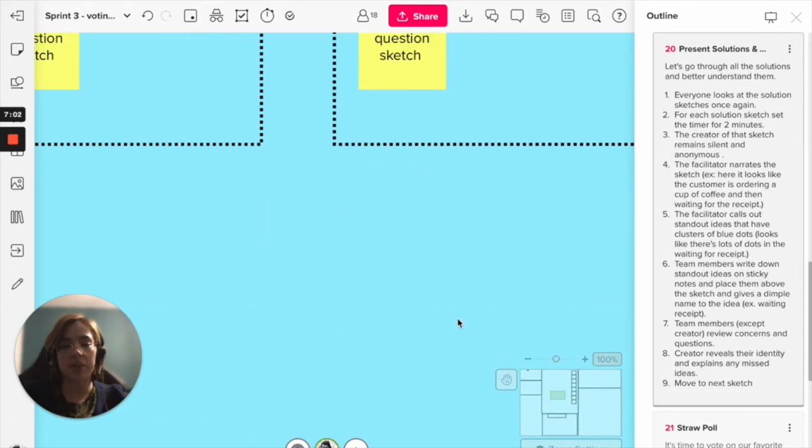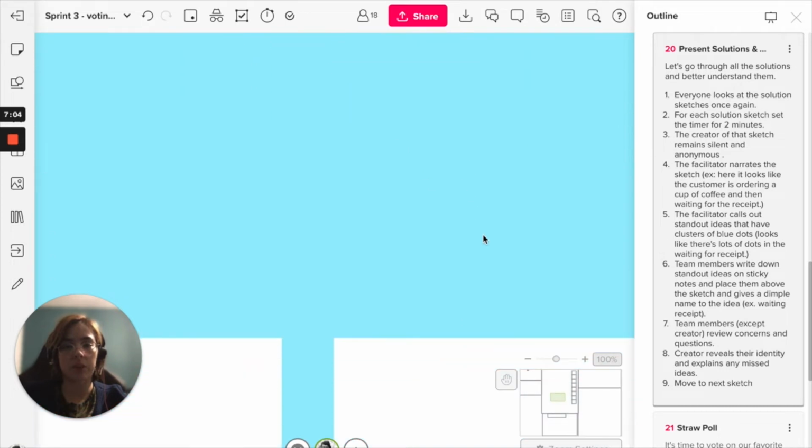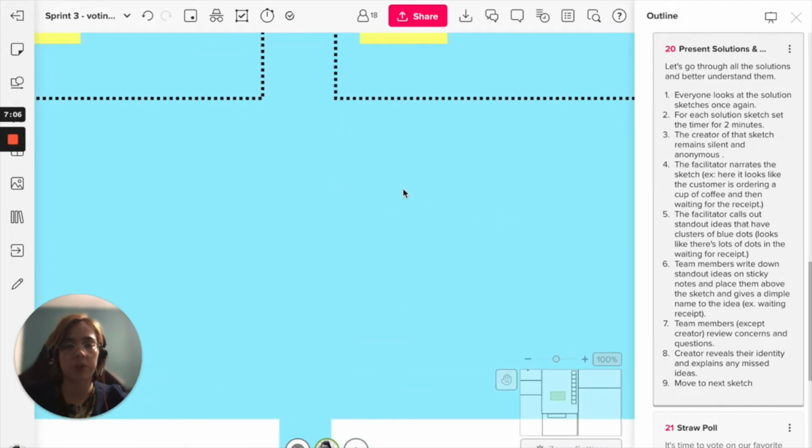For example, one will be waiting receipt. So the idea is that you give a name to those ideas and you place it above the sketch.